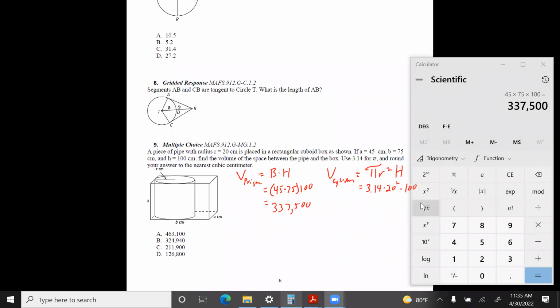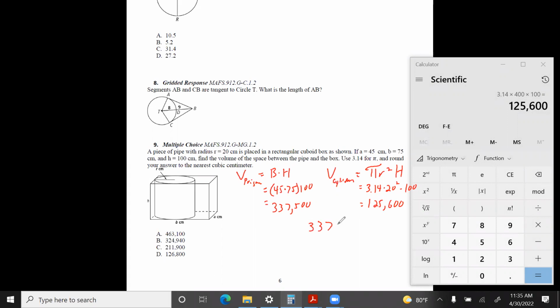Then we're going to do the same thing for the other one, 3.14 times 20 squared is 400, and times 100. And we get, for the second one, 125,600. So now find the difference between those.